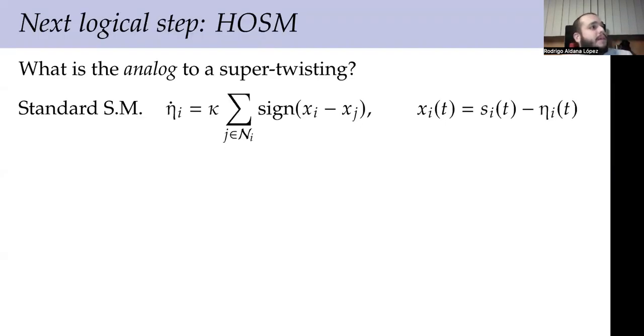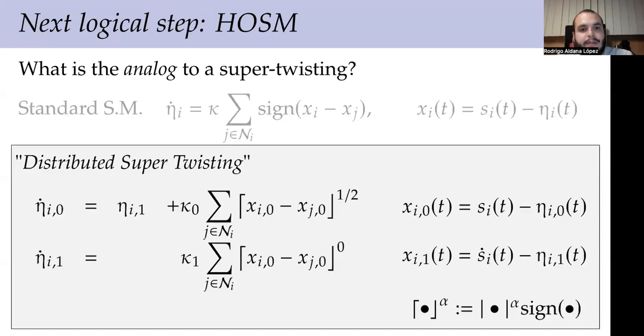Okay, so the first question that you might ask: what is the analog to a super twisting in this context, right? So recall that this was the original algorithm with standard sliding modes. Okay, so naturally you can come up with, let's say, a super twisting algorithm, without showing anything still. So you might think that first you have a chain of integrators, right?